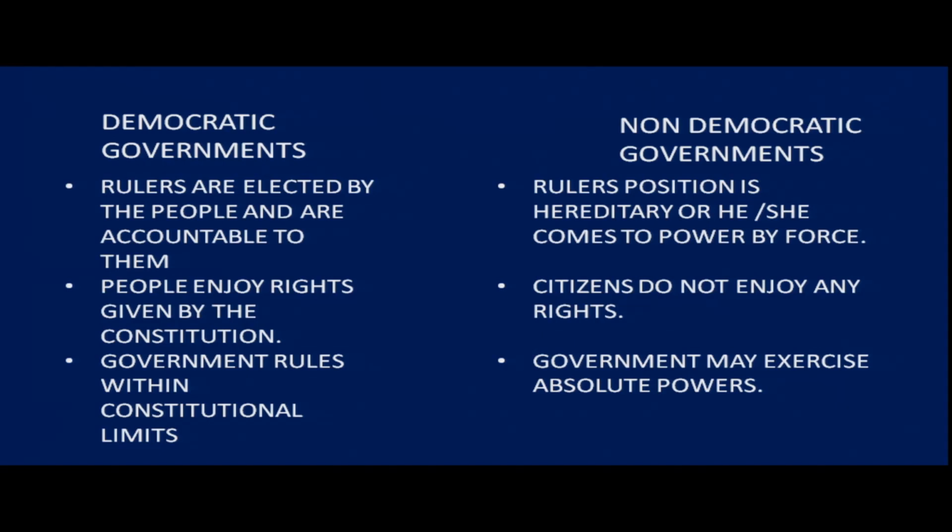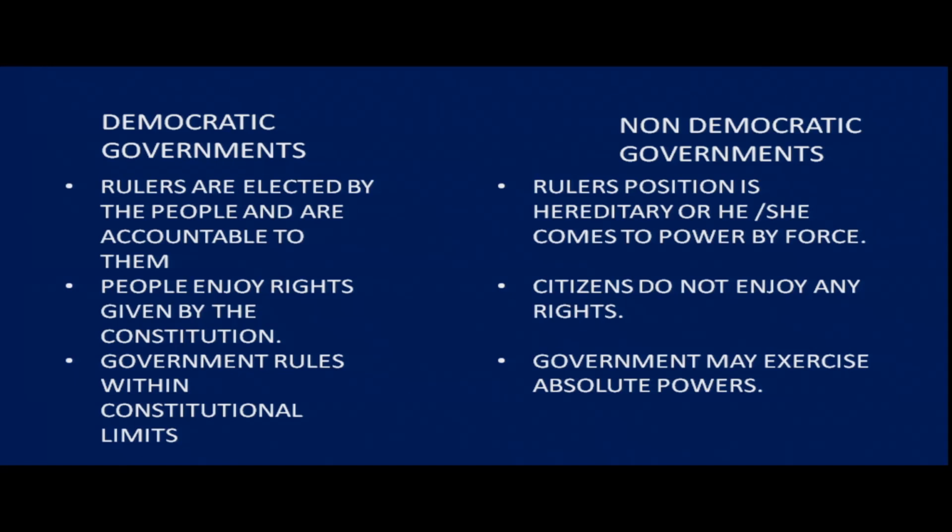We have studied about democracy, but in order to understand democracy better, we need to know how it differs from other forms of government. In democratic governments, the rulers are elected by the people and hence they are accountable and responsible for them.